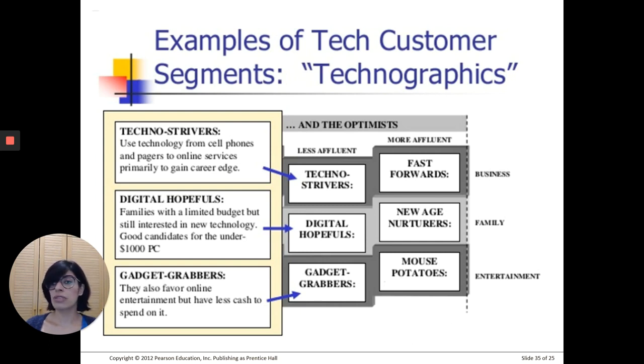So they're a very good candidate for the more affordable side of technology. And then you have the gadget grabbers. They actually prefer to go online for their entertainment, but they don't have a lot of cash to spend. So these will be the people that will pay for either Netflix or HBO or Amazon Prime, but they won't pay for all of them.